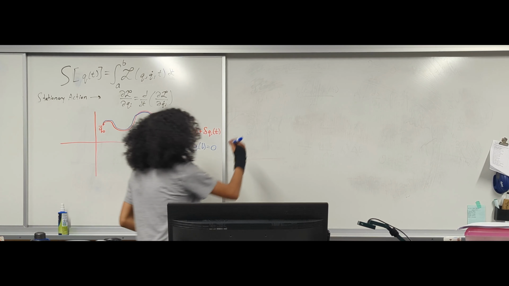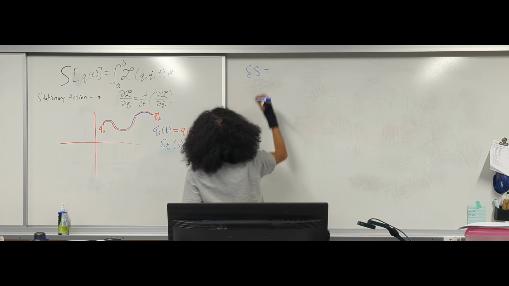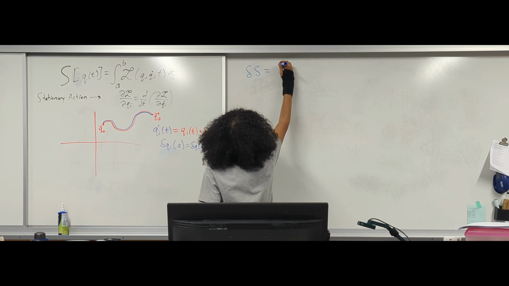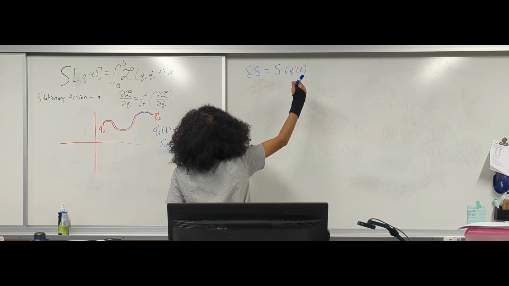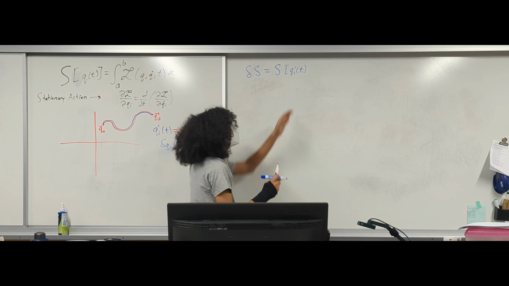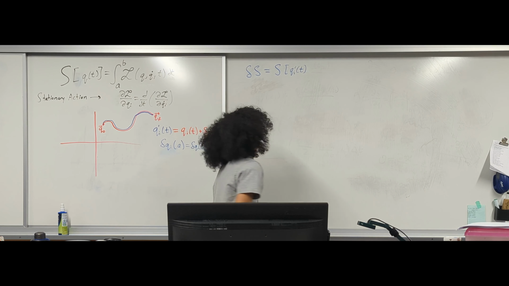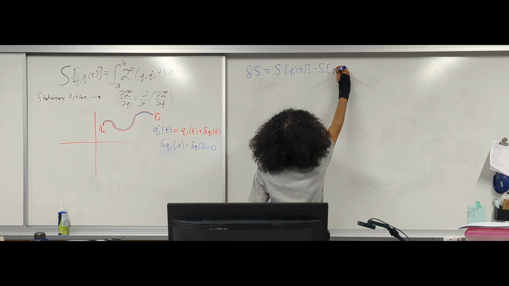So this delta S is equal to S when we put in these q primes. Let's just put an i here, but we know that we have one for each i, each degree of freedom. And then we're going to subtract the original action.